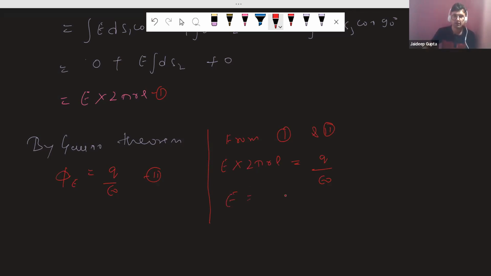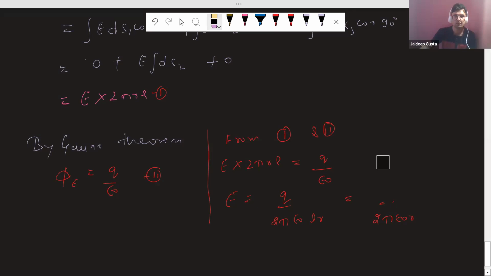So we can say E equals Q over 2 pi epsilon RL. If we rearrange, 2 pi epsilon R, just a minute. Q over L.